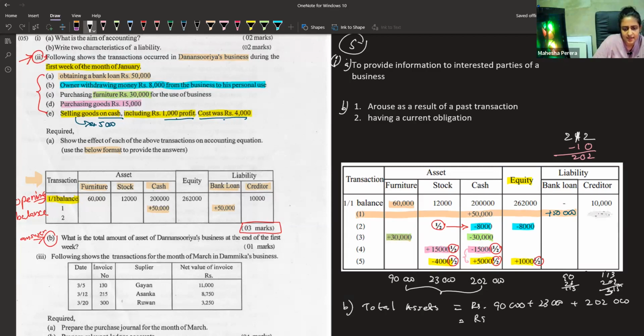So our final answer is 315,000 rupees. This is the amount, this is our total, right?